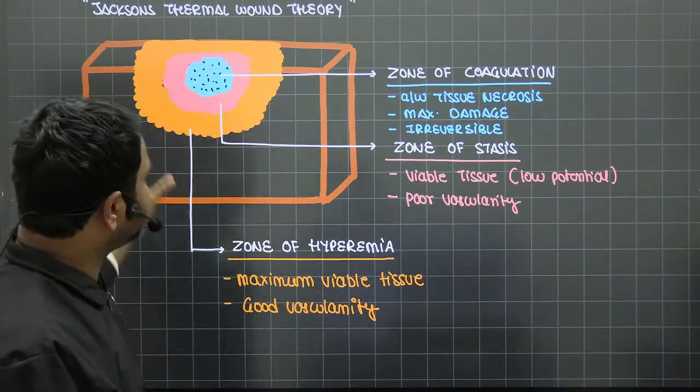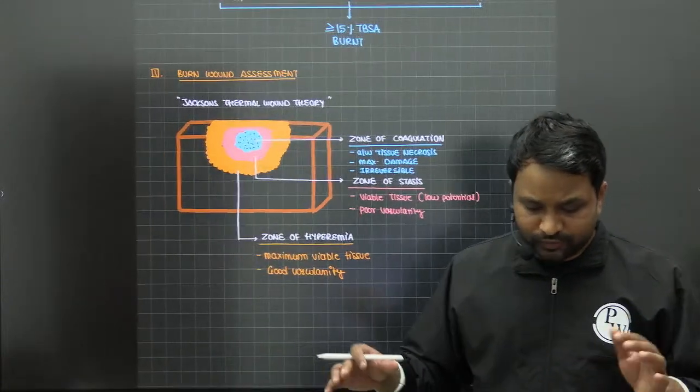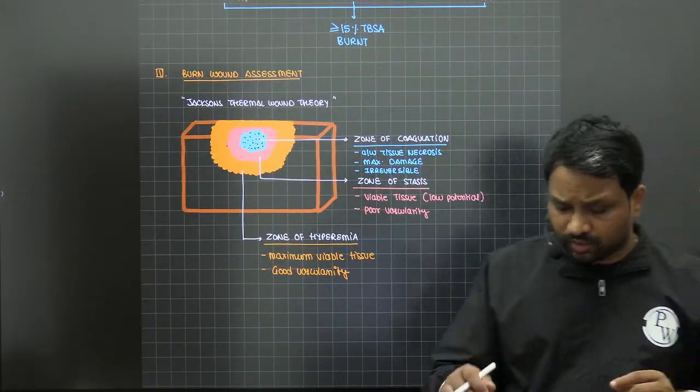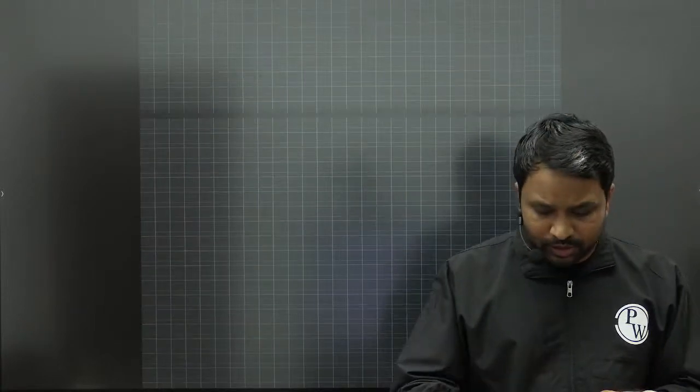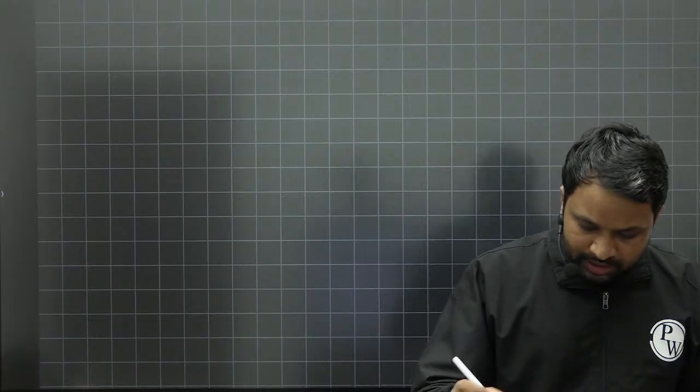ठीक है? So this is about Jackson's thermal wound theory, which basically tells you the different zones of the burns that we have. Now, apart from that, we have the classification of burn wounds based upon the burn wound depth. So talk about the latest classification that we have.